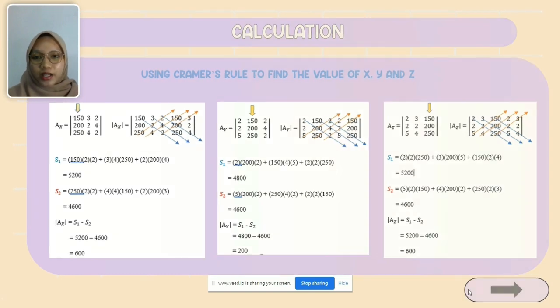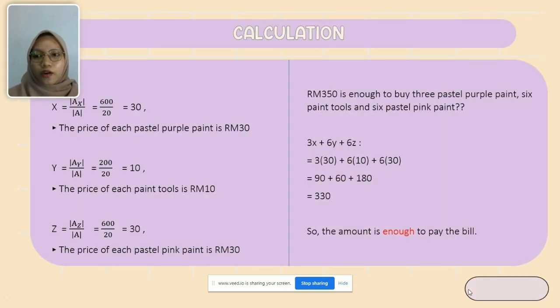Next, we find the values of x, y, and z using the formula, simplified by division. Variable x, 600 divided by 20, we get 30. Variable y, 200 divided by 20, we get 10. And the last one, variable z, 600 divided by 20, we get 30.